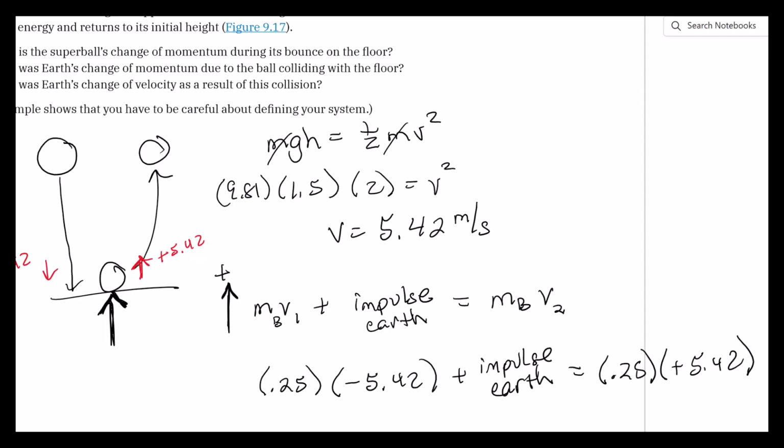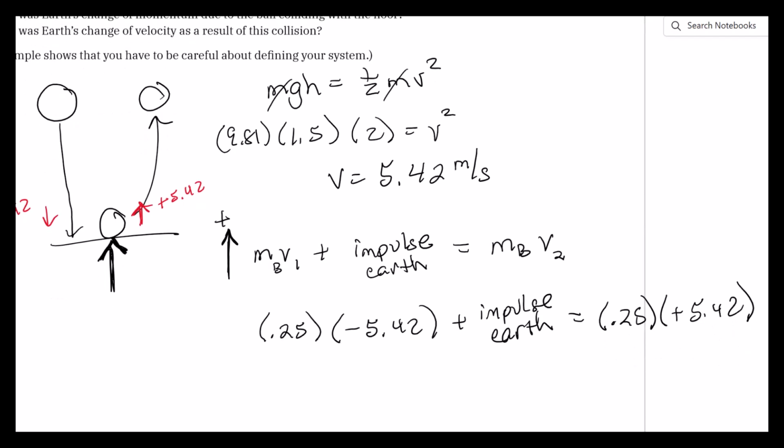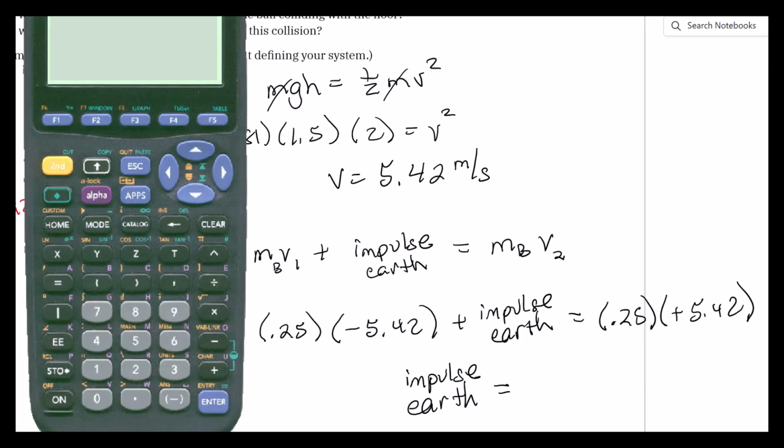So the total change in momentum would be the total impulse that Earth put on it. So the impulse of Earth would be 0.25 times that, and then minus a negative, so plus 0.25 times that again. So basically just double it.